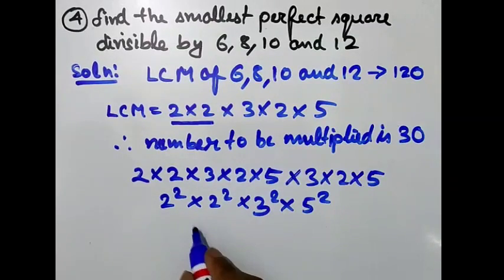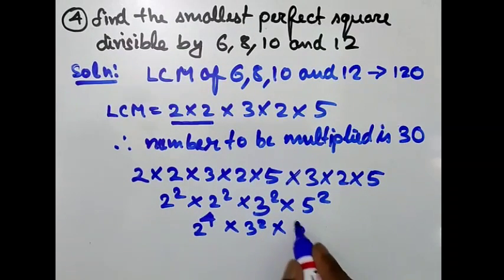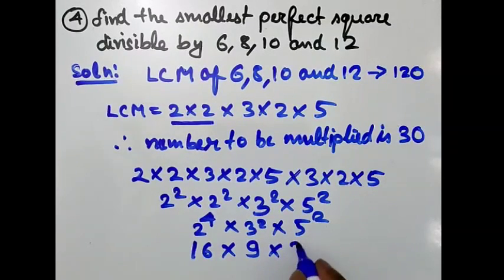So we have 2 to the power 4 into 3 square into 5 square. 2 times 2 is 4, times 2 is 8, times 2 is 16, multiplied by 9 into 25.